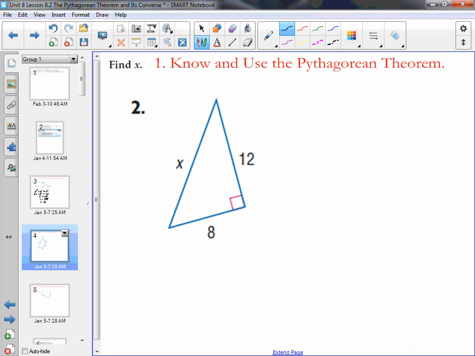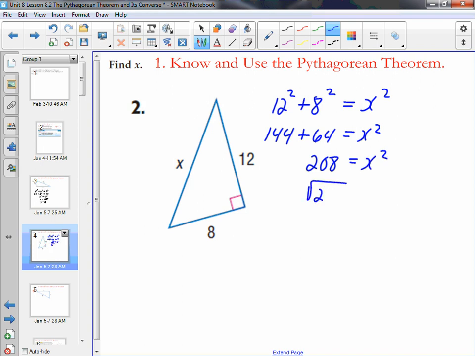All right, number 2. Go ahead. Did you notice that x was the hypotenuse this time?